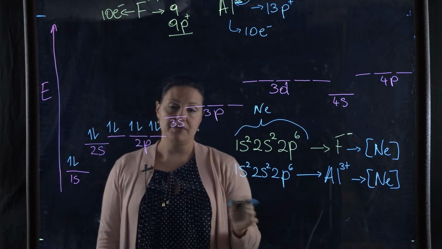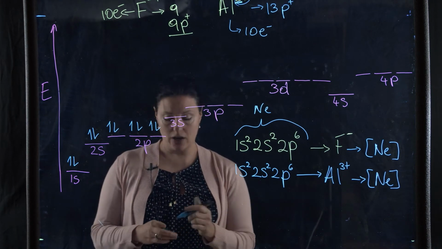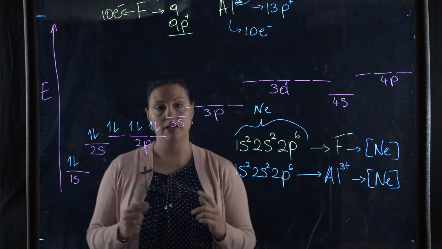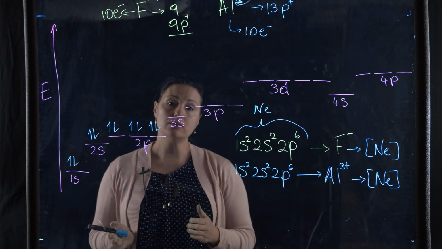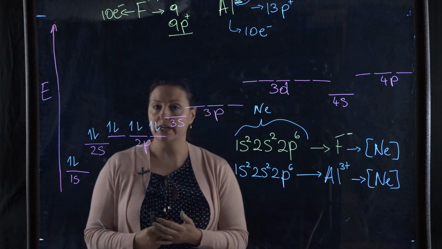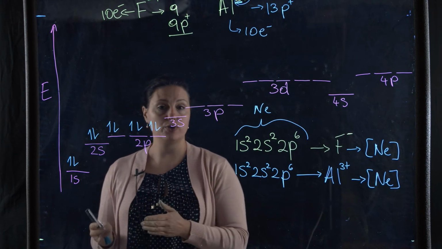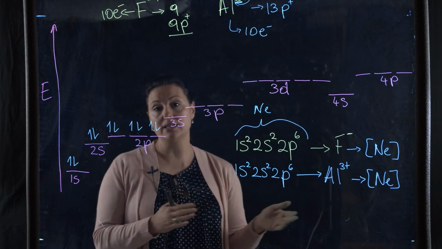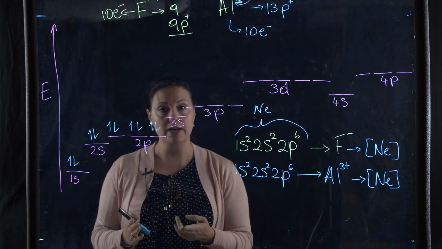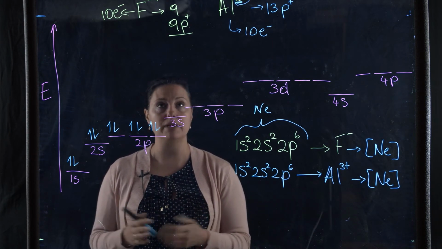Now notice something. That only happens with ions. It does not happen with atoms. Atoms will never have the same number of electrons, because atoms have the same number of electrons as they do protons, and the number of protons is never the same for two different elements.